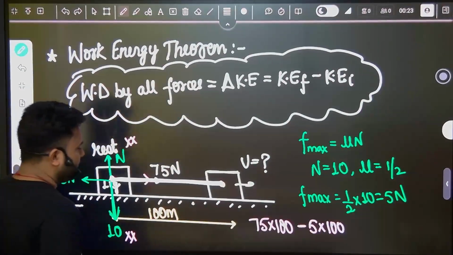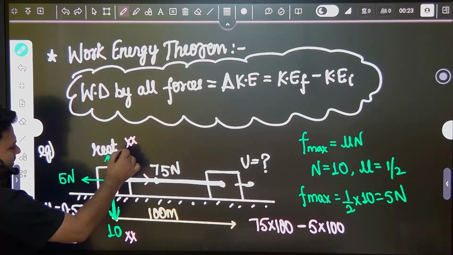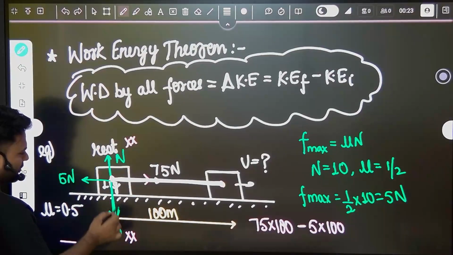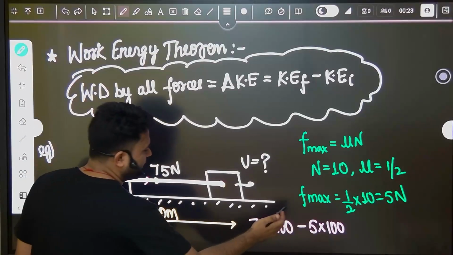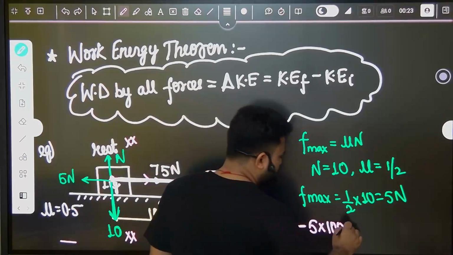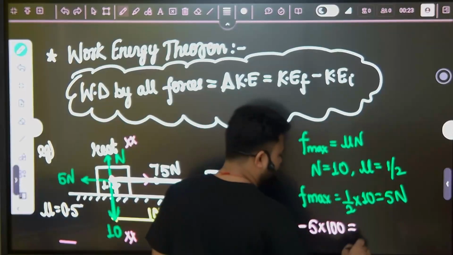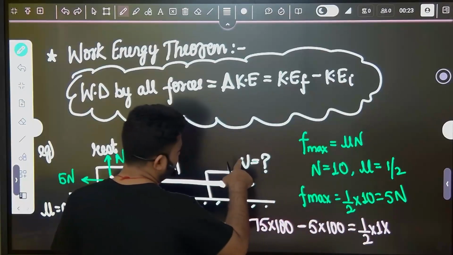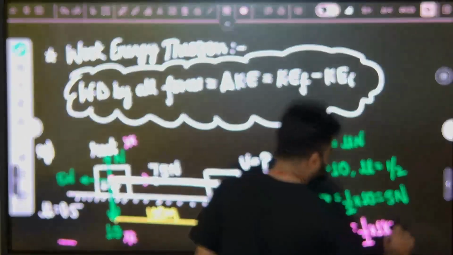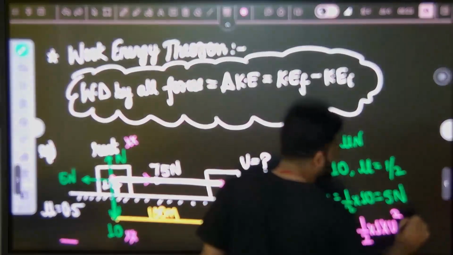So we have calculated work done by all the forces. Work done by this is 0, work done by this is 0, work done by this is 75 into 100, and work done by friction is minus 5 into 100. So work done by all the forces equals the change in kinetic energy. Final kinetic energy, that is half, mass is 1, speed squared, minus initial kinetic energy.